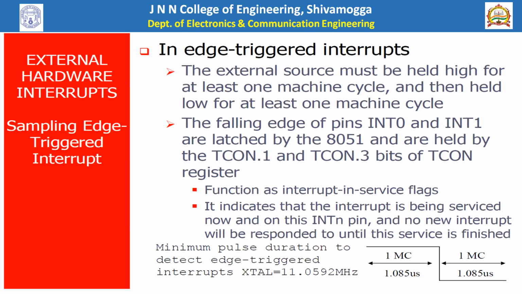In case of an edge triggered interrupt, the external source must be held high for one machine cycle and then held low for another machine cycle. You can see the diagram. So if any service is expected, it should be high for a minimum of one machine cycle, and the next machine cycle it should be low. Only then is it taken as an interrupt signal on INT0 or INT1.